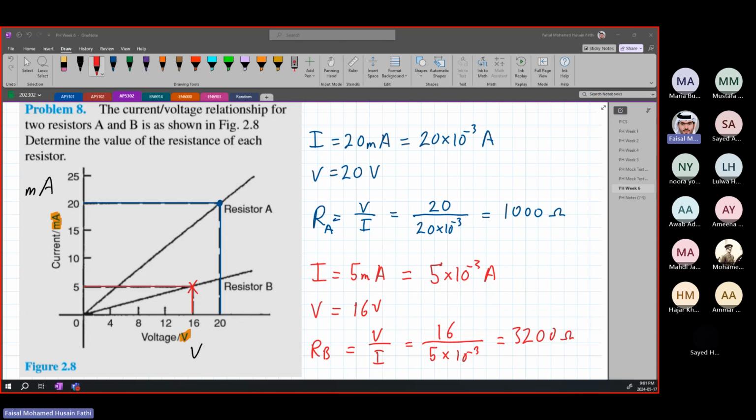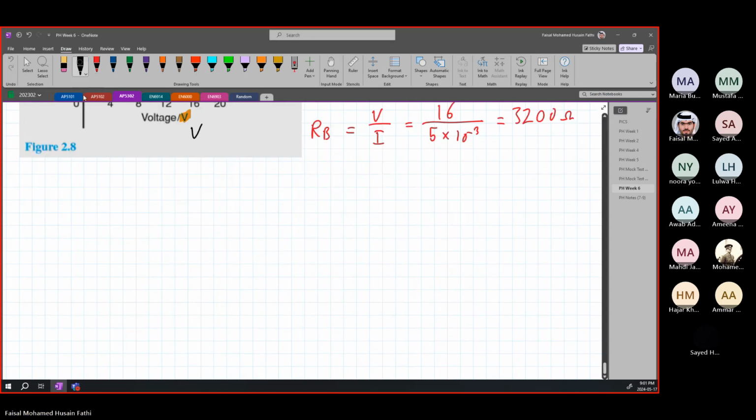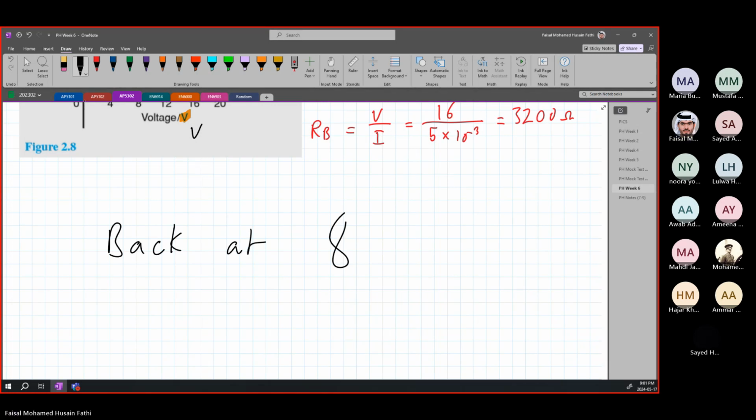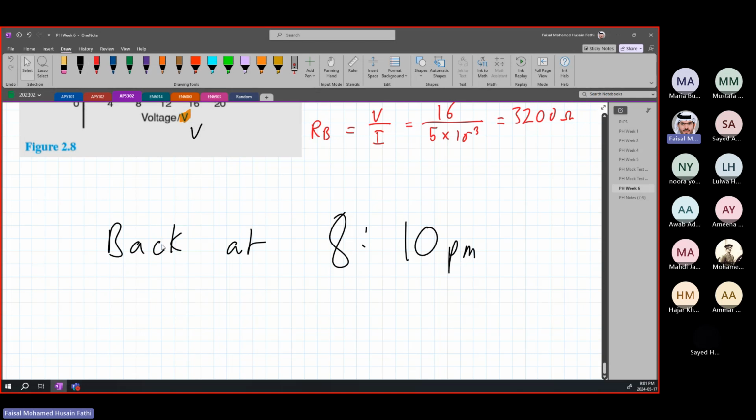We'll be back at 8:10 p.m. Take a 10-minute break, and then we will look at power and energy when it comes to electrical systems, building a circuit, and what the symbols of a circuit mean. If you have any questions, feel free to ask right now.